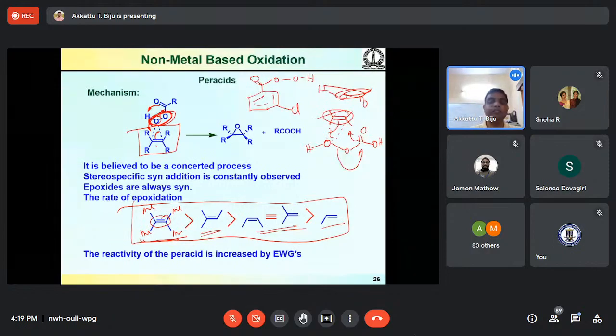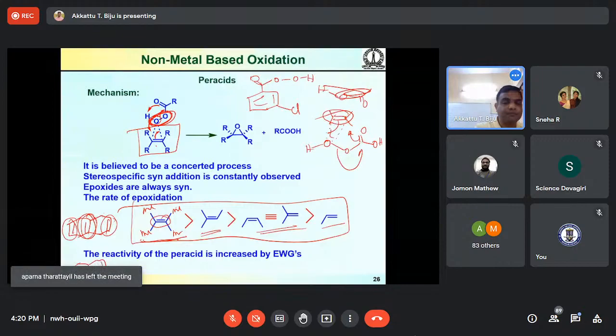If the olefin is tetra-substituted, say for example, if you have an olefin like this, a triene derivative, you can see that this double bond is disubstituted, this double bond is disubstituted, but the middle double bond is tetra-substituted. So this middle double bond will be more electron rich, and the product formed will be from epoxidation of the middle double bond.